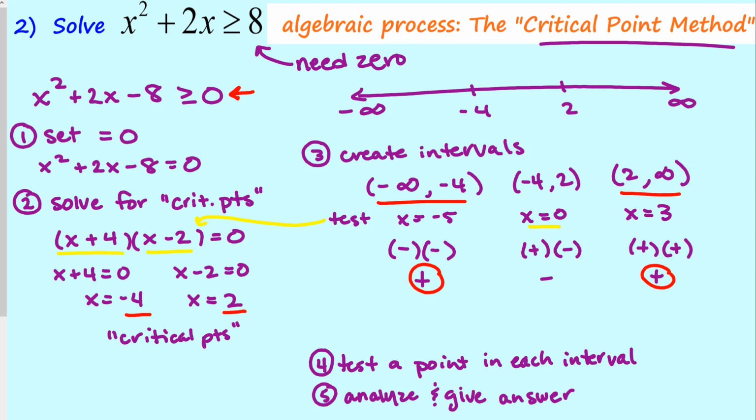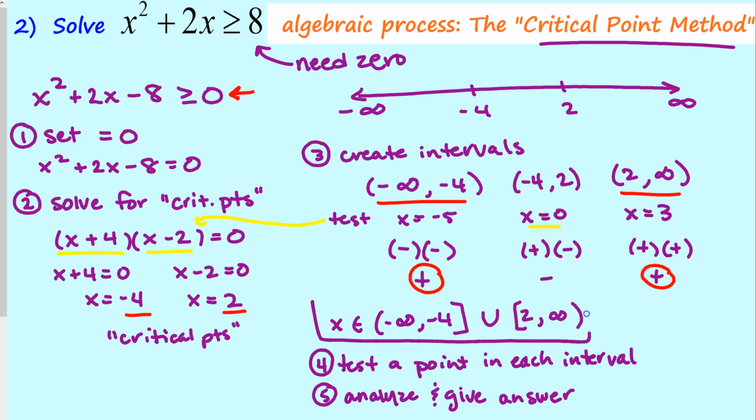So if you put all of that together, you can say that x is an element of the interval from -infinity to -4, with a square bracket to include that endpoint, union, or, x is an element of the interval from 2 to infinity, square bracket to include the 2. You can give your answer like that.